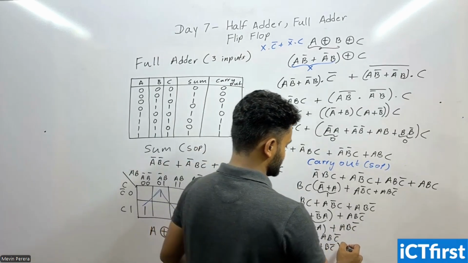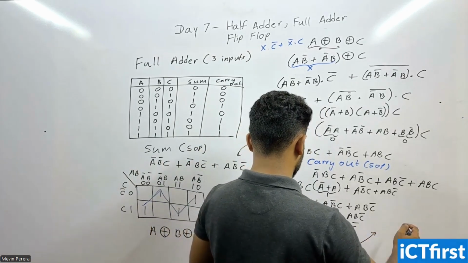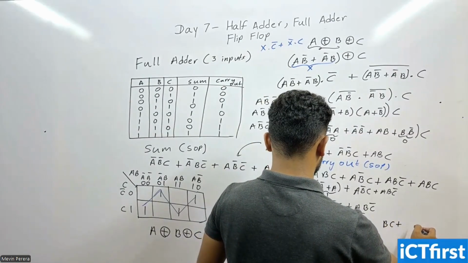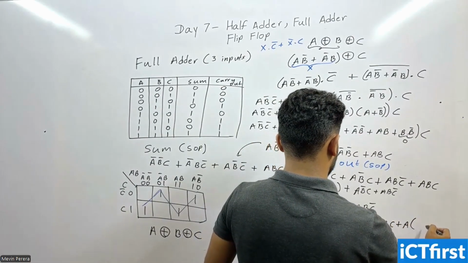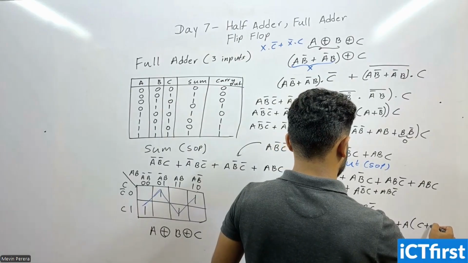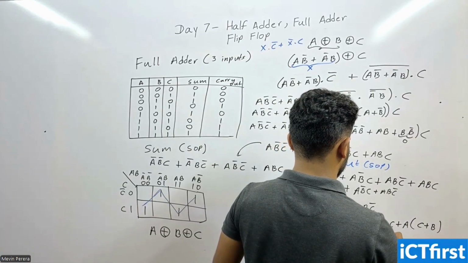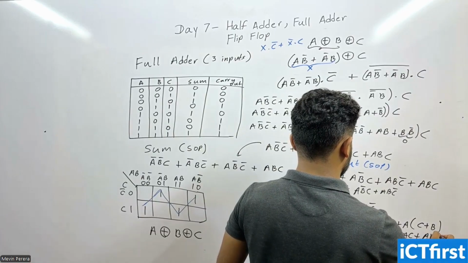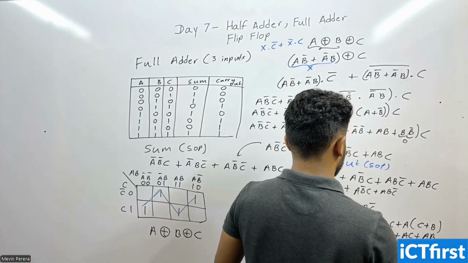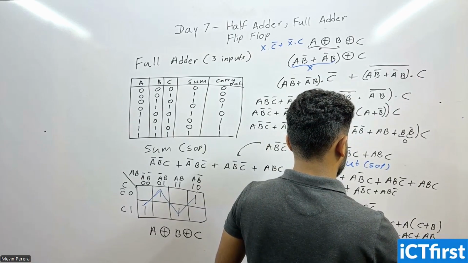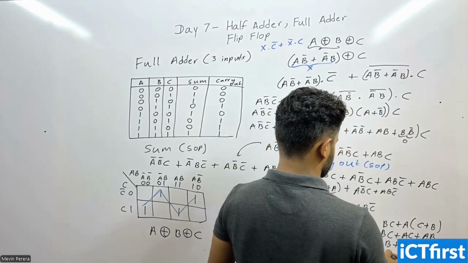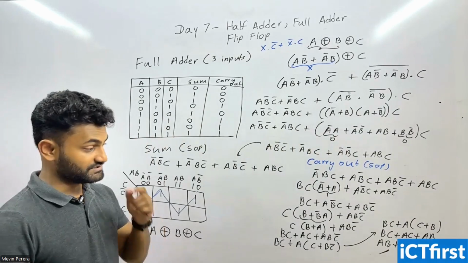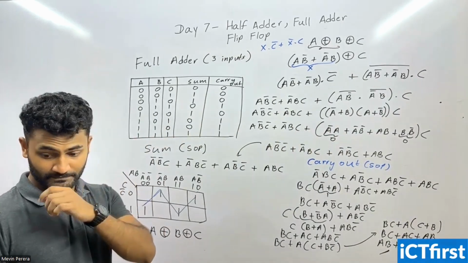So that is once again equal to BC plus, this one is C plus B. Then finally we got BC plus AC plus AB. So let me write that down nicely. AB plus AC plus BC. Okay, so this is the final answer which we are getting, right?